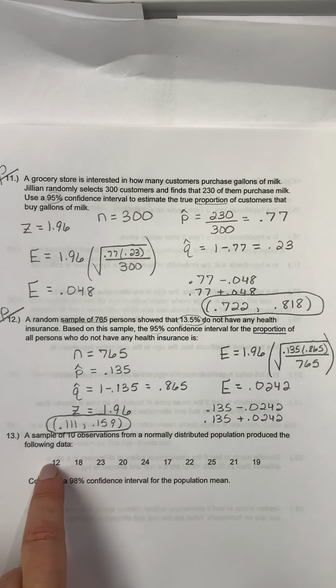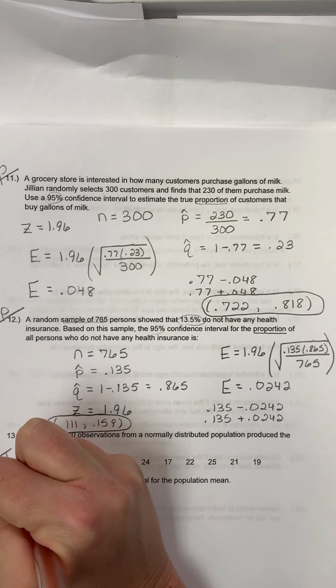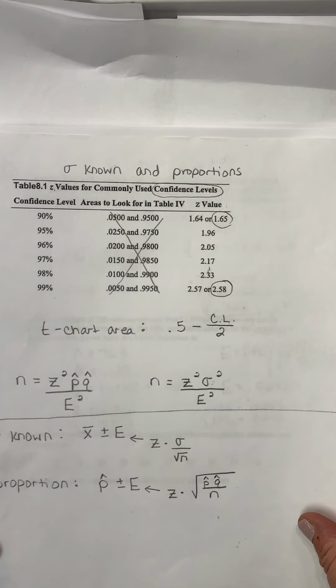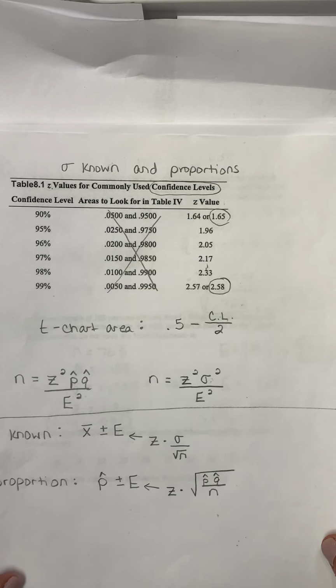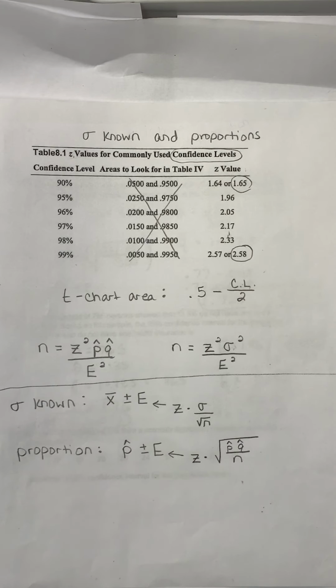It's just 10 observations in a line, and the only data it gives you is the confidence interval, and that's it. So this is sigma unknown. So let's talk about him and put his formulas on our paper, and then we'll jump right in. That's the only kind you're going to have on your test, the one just like I showed you.